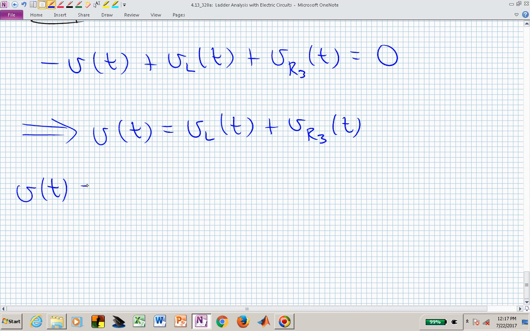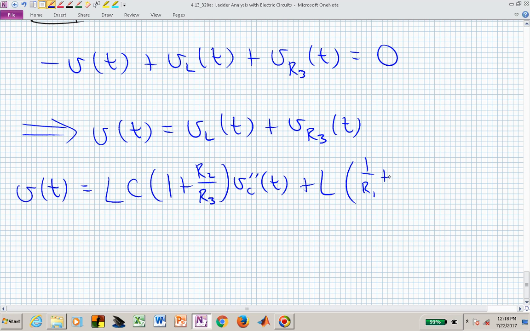Now V of t is equal to V sub L, which is LC times 1 plus R sub 2 over R sub 3 V sub C double prime of t plus L, I'm just pushing the L through where I needed to, 1 over R1 plus 1 over R sub 3 plus R sub 2 over R1 R3 times V sub C prime of t.